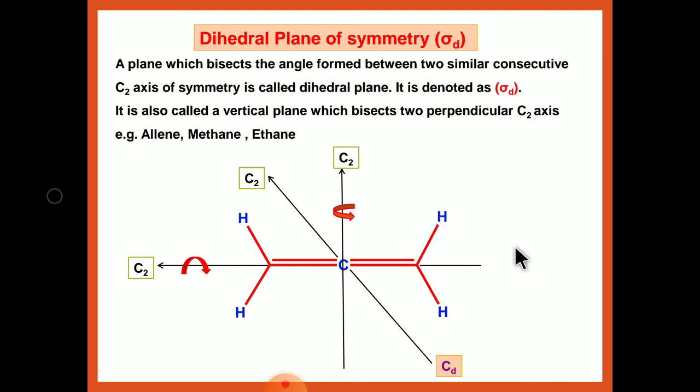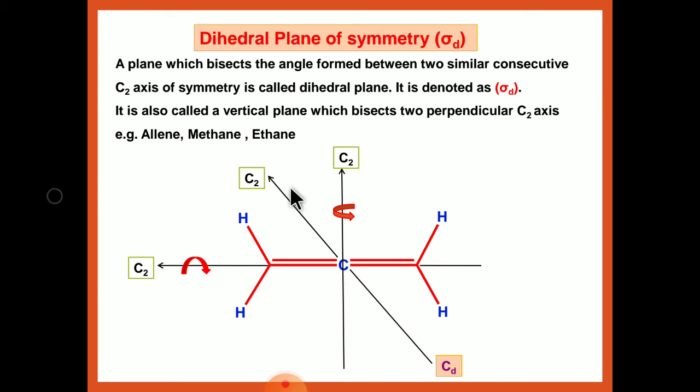Therefore, we can explain that the dihedral plane of symmetry is present in the allene molecule, such that a plane which bisects the angle formed between two similar consecutive C2 axes of symmetry is called a dihedral plane. That means these are the two consecutive C2 axes, the first C2 axis of y and the second C2 axis of x.